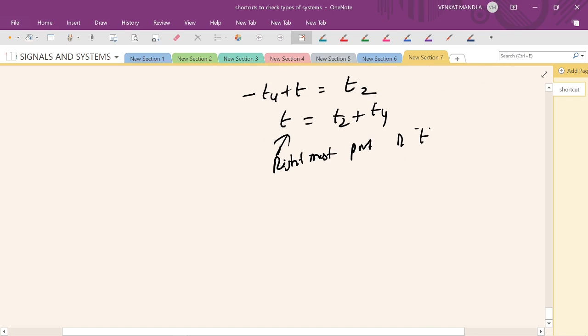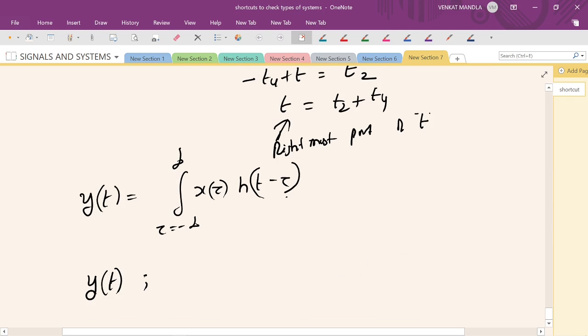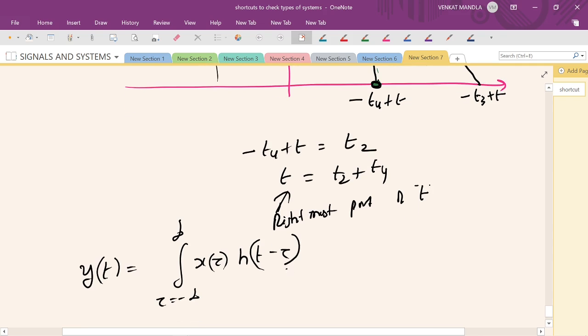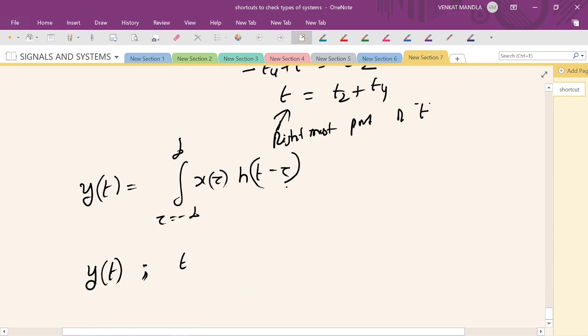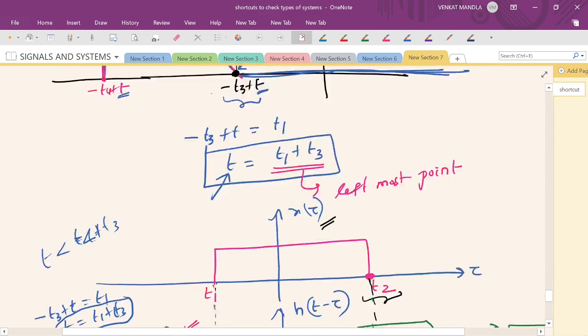So y of t is the integral from tau equal to minus infinity to plus infinity of x of tau h of t minus tau. Y of t exists only from t1 plus t3, which is the leftmost point of t, and the rightmost point is t2 plus t4.